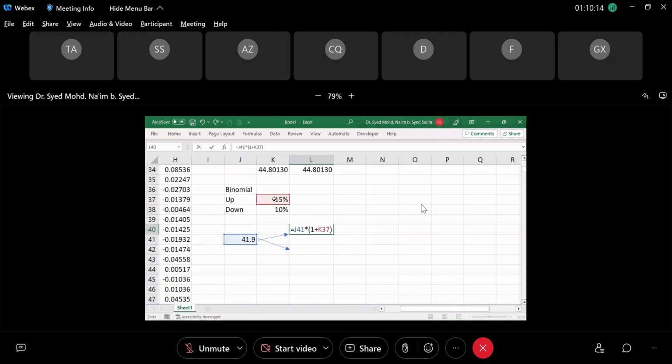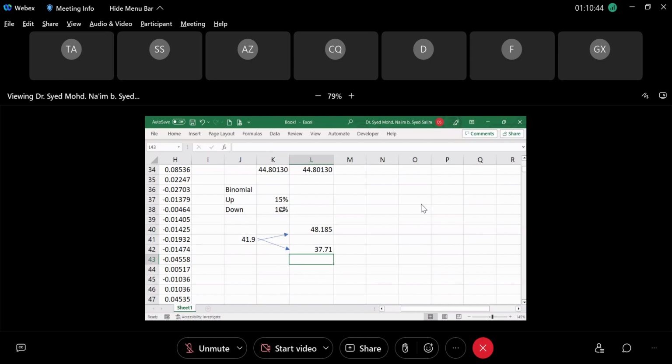So it goes up to 48.185, and goes down by minus 10%. Okay, so those are the possible prices.